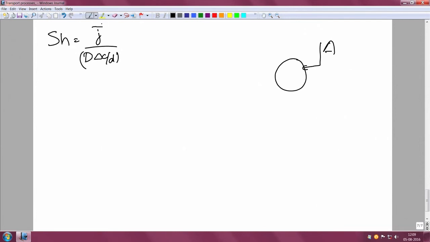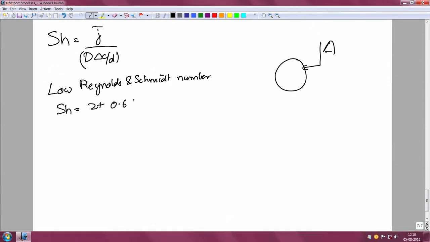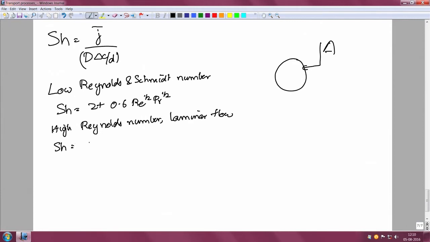However, this is once again written for the average flux. And you have dimensionless correlations of the kind, for example, for low Reynolds number, the Sherwood number is equal to 2 plus, and for high Reynolds number, the Sherwood number is of the form 1.25 Re to the 1/3 Pr to the 1/3.